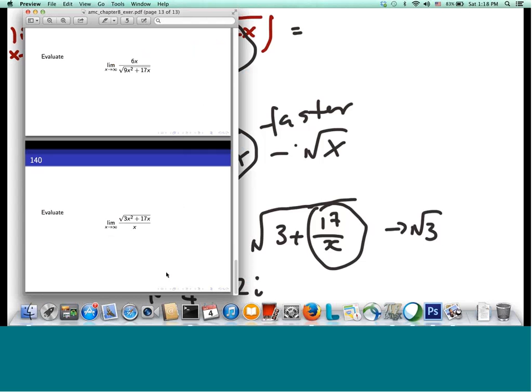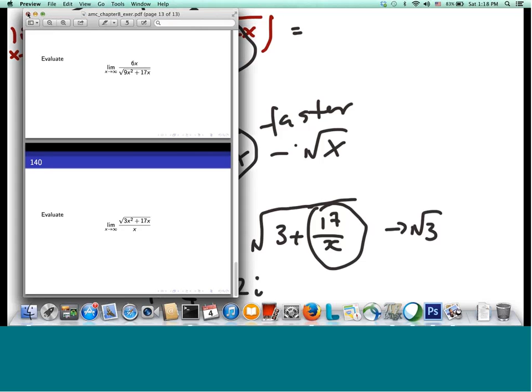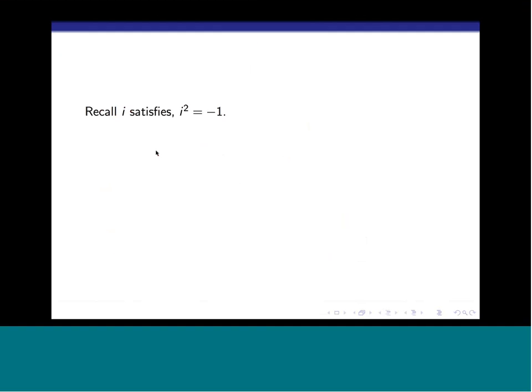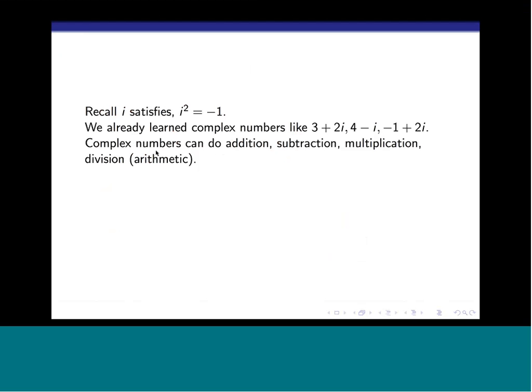Okay. So those are just complex numbers, like 3 plus 2i, 4 minus i, -1 plus 2i. So you already know this. It should be pretty good, right? And the addition, subtraction, multiplication, then division.